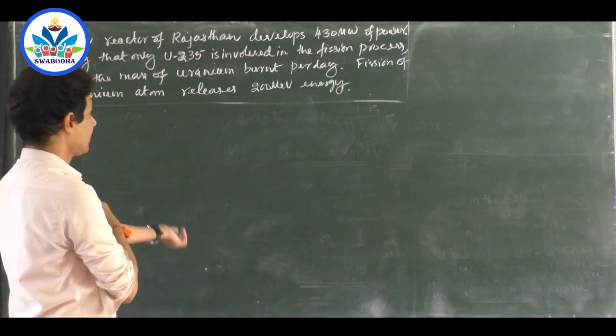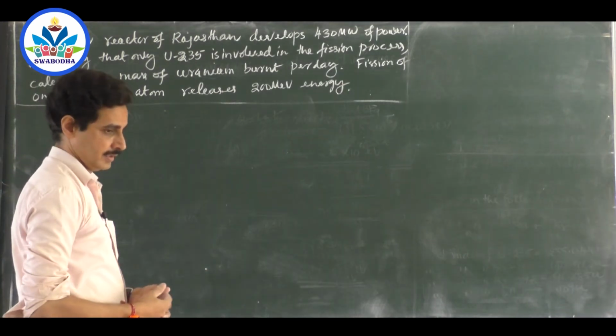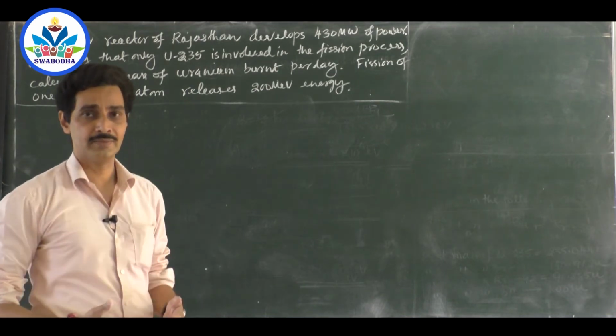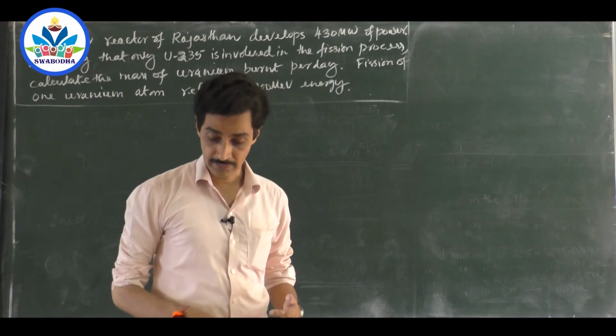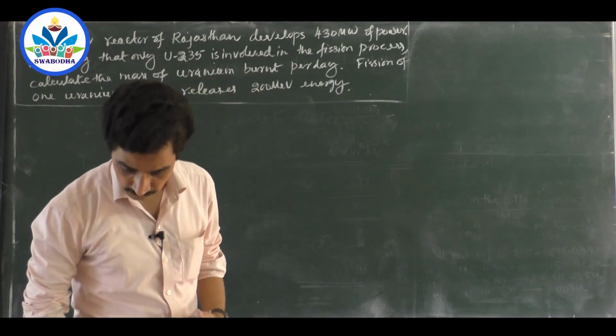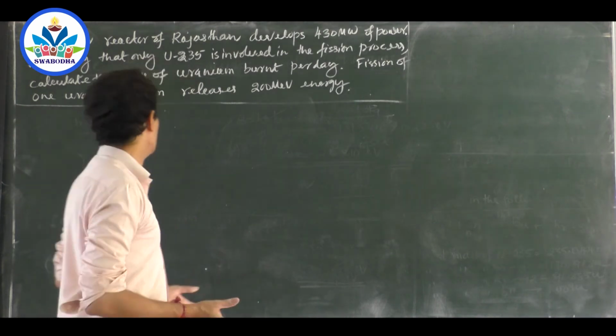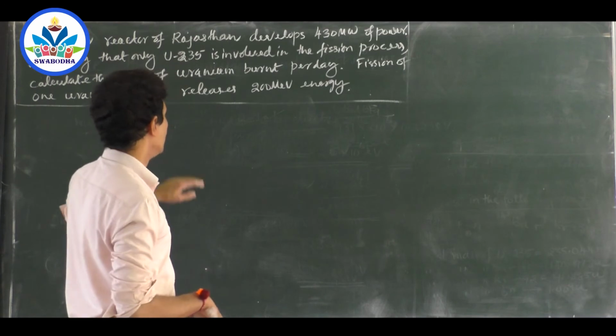The power reactor of Rajasthan develops 430 megawatt of power. Here you see the total power is given. Last time we were asked to find out the power, right? So that was the last question. You have to find out the total energy released, that's all. So here power is given, that means energy per second is given. What is the mass?